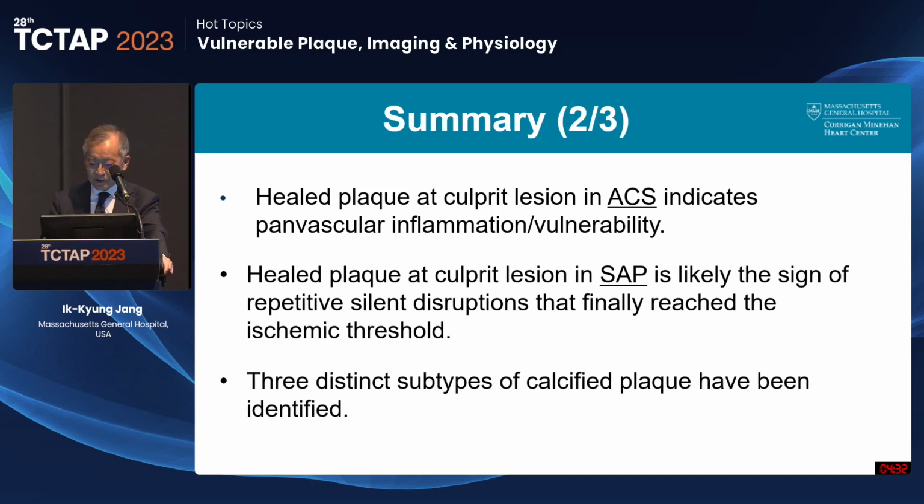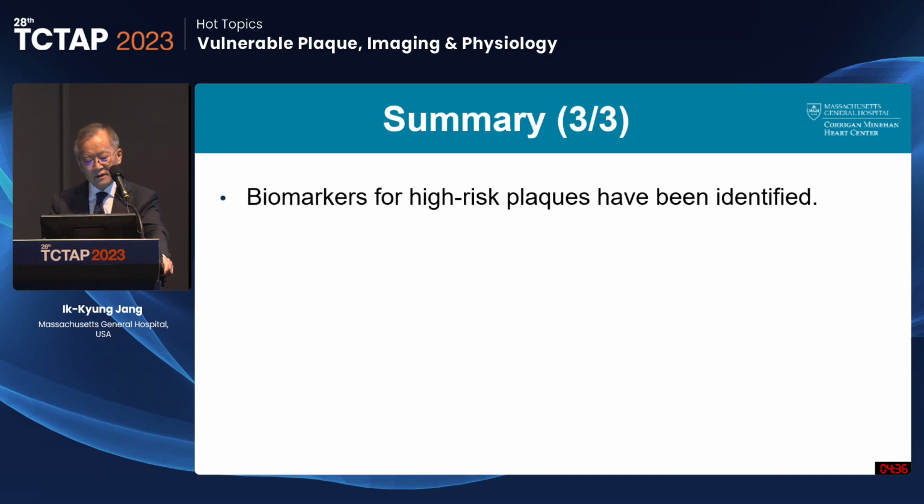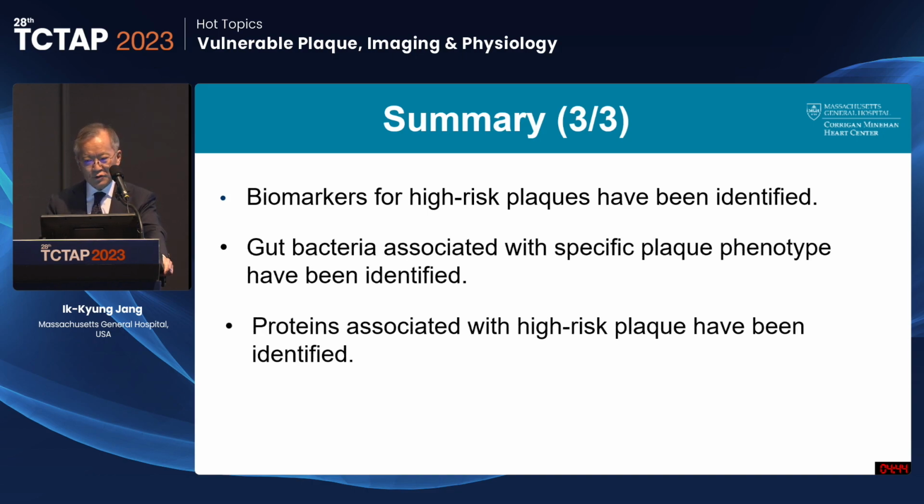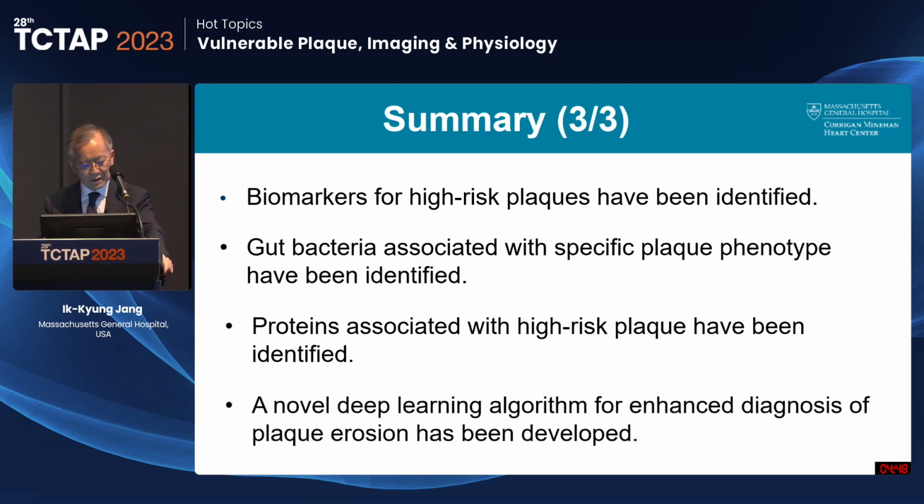Distinct subtypes of calcified plaques have been identified, and biomarkers specific for high-risk plaque, gut microbacteria, and proteins associated with certain plaque phenotypes have all been identified. And a deep learning model called Transformer has been devised to enhance the diagnosis of plaque erosion.